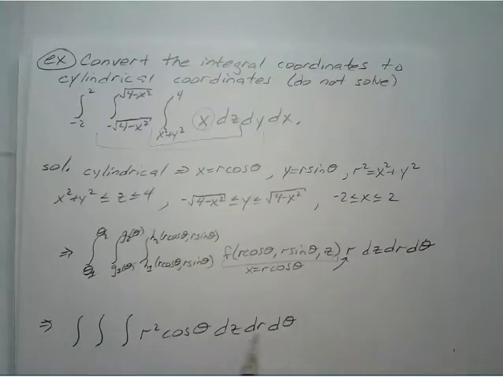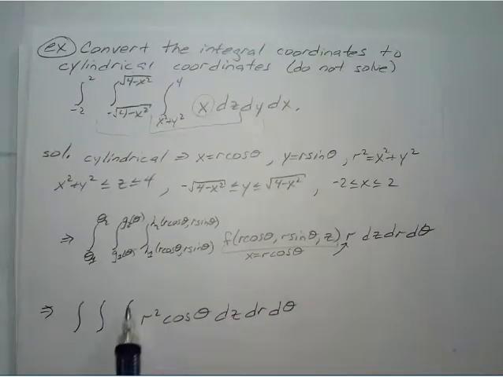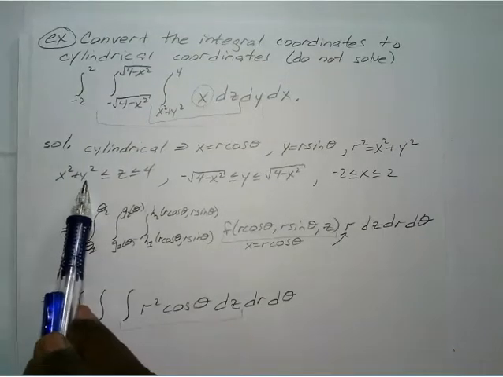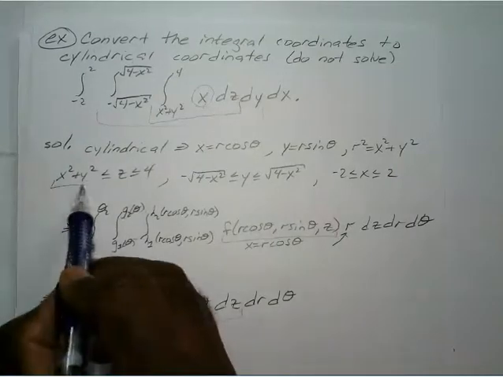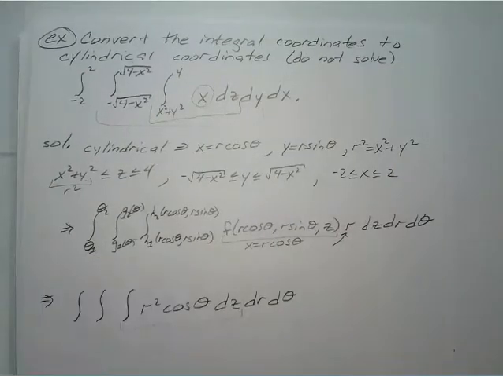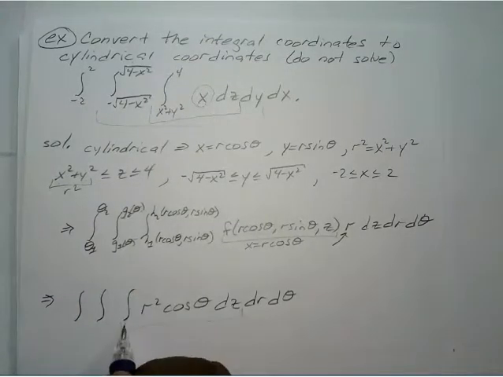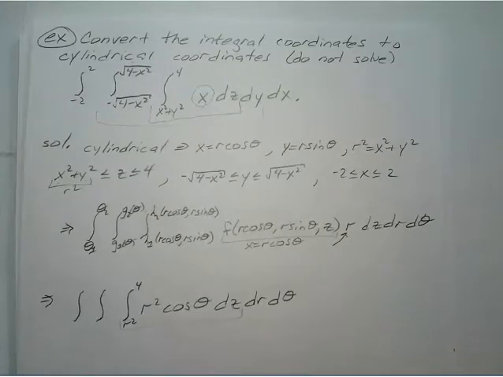You can put that in any order you like, as long as you have the correct boundaries. Now with respect to z: remember x squared plus y squared is equal to r squared. So our z can go from r squared to 4.